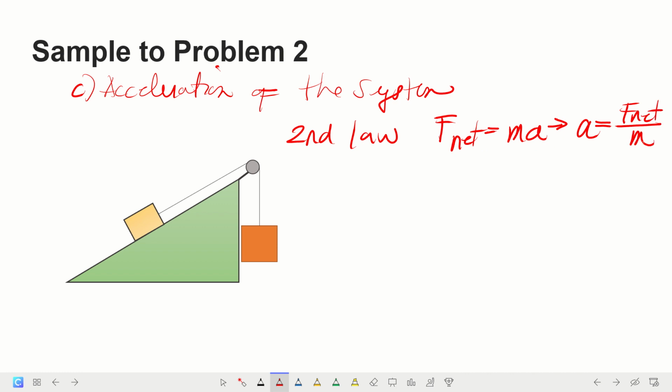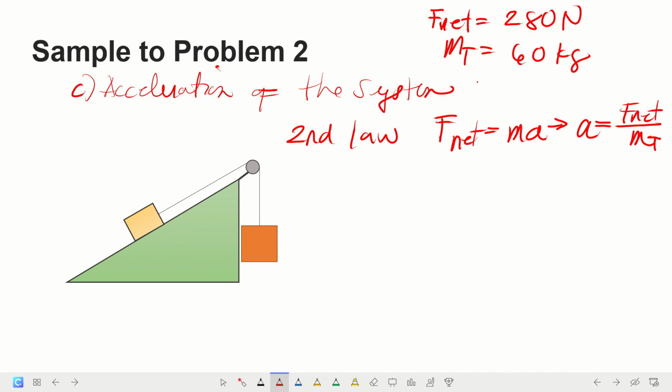Since we are treating these bodies as one system, instead of a single mass, we use the total mass. We have the value for the net force from our solution in part A, so F net is equal to 280 newtons, and our total mass is equal to 60 kilograms.